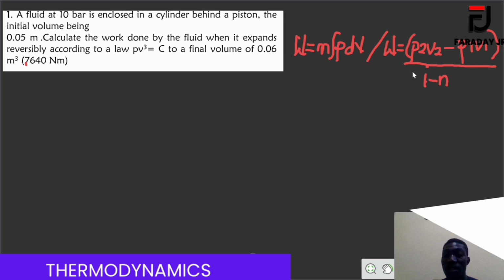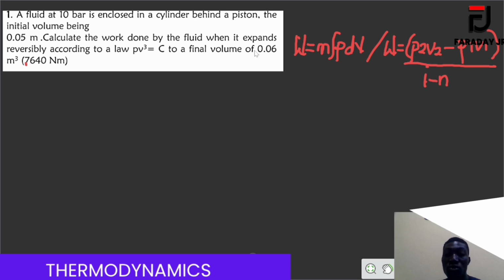Now, from this, we can also have another way of solving this particular question by using this formula as well. So your work done is equal to the final pressure times your final volume minus P1 V1, all over 1 minus n. So this is the formula that we are going to use to solve this particular question.